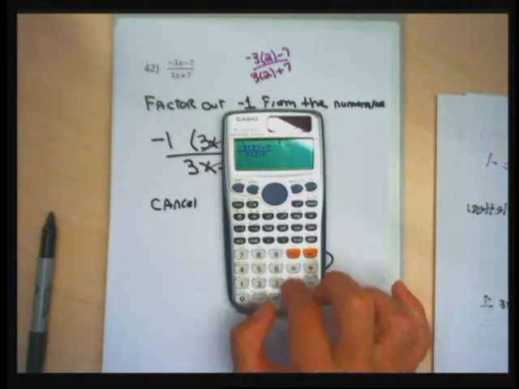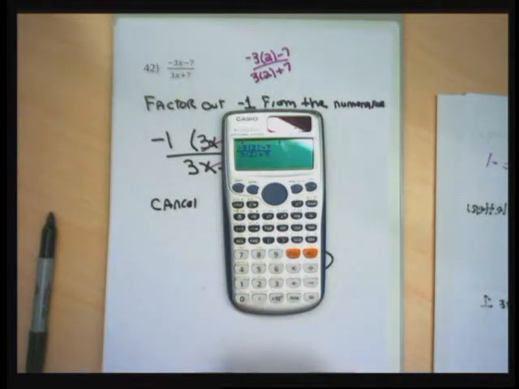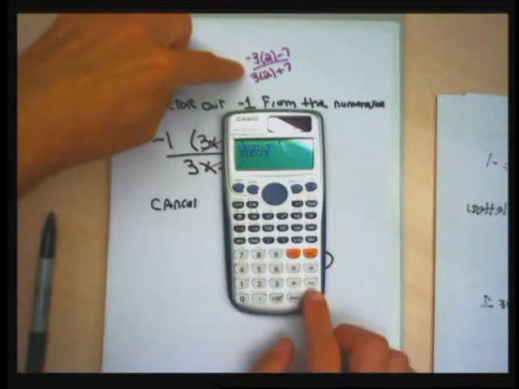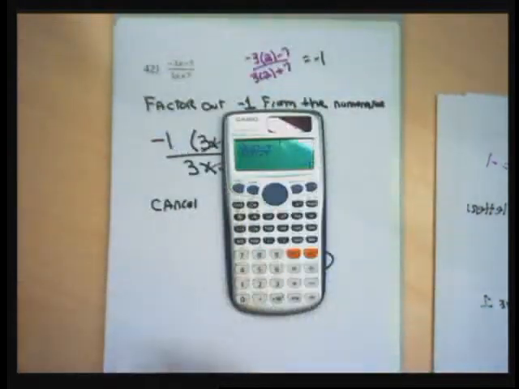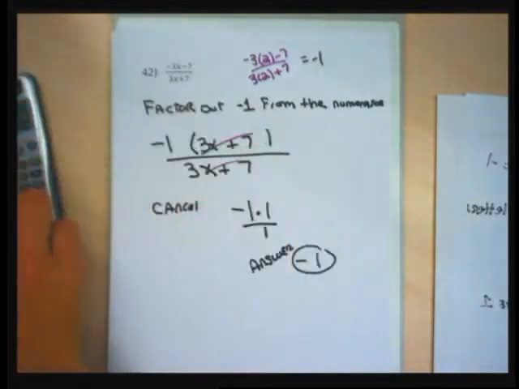So there's the plugging 2 in for x's, and I do get negative 1. So I believe my answer is correct because I get negative 1 when I plug 2 in for x. And again, I could have picked a different number than 2, but 2 is a nice number to pick as long as it doesn't give me an error message.